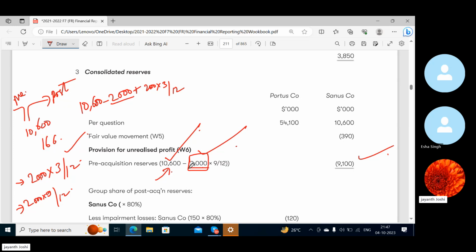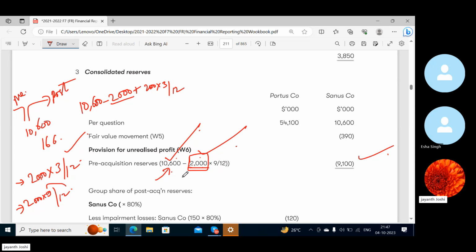So 2,000 is the other comprehensive income. They have said the comprehensive income at the end of the year is 2,000. That means this year the earned profit is this. Out of that we will remove the post-acquisition part, this 9 by 12 part. So 3 by 12 is already included in this. From that entire total we are removing the 9 by 12 part.